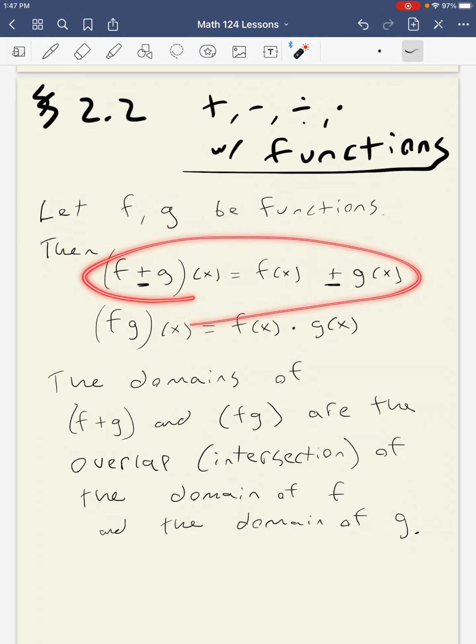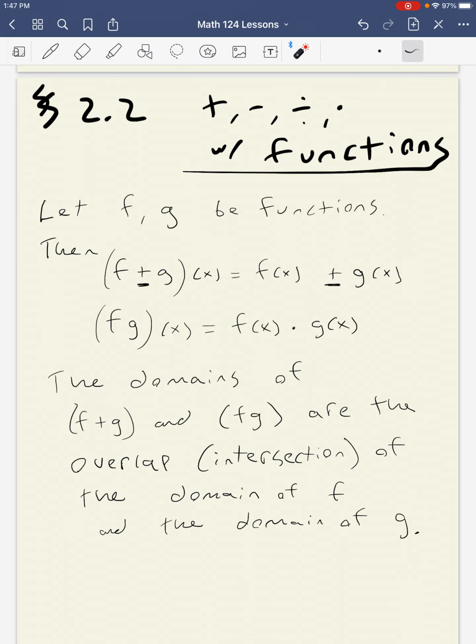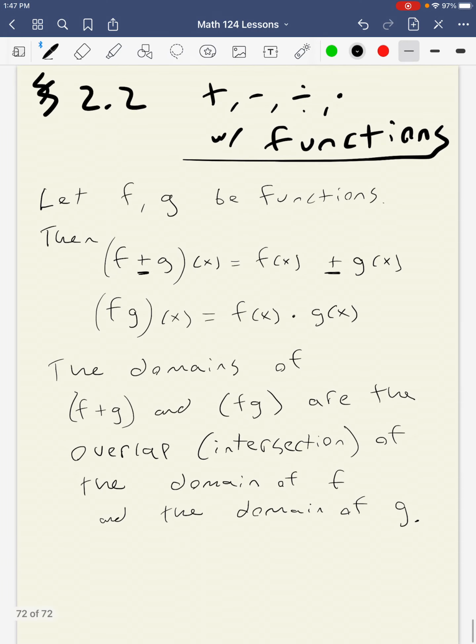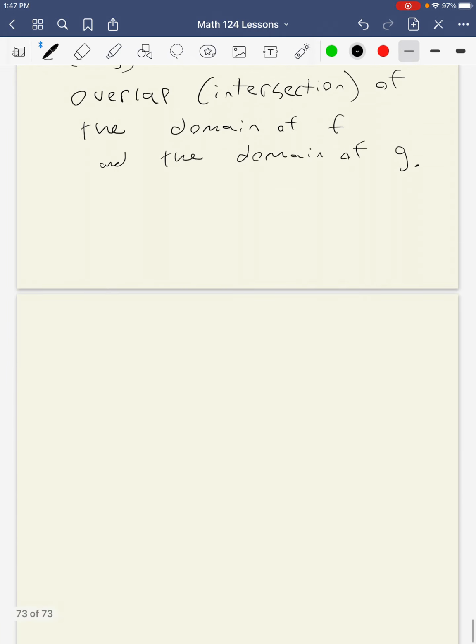So we'll begin with addition, subtraction, then we'll do an example with multiplication. So for example, let f of x be some function. We'll give it a formula, say x squared plus 1.